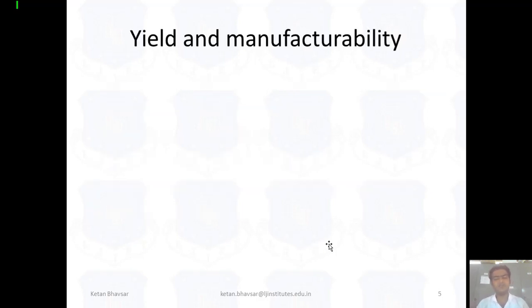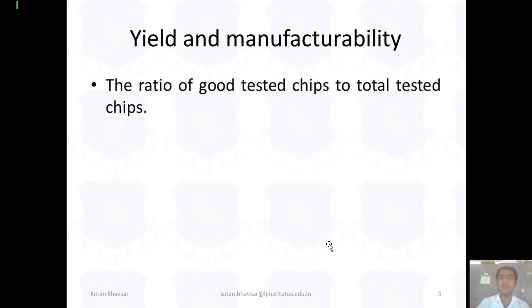Now yield and manufacturing ability. The ratio of good tested chips to the total tested chips represents the yield and manufacturing ability. Suppose you manufacture 100 chips, then identify the total number of good chips which are in working form, or we can say that fulfill your application and your requirement.